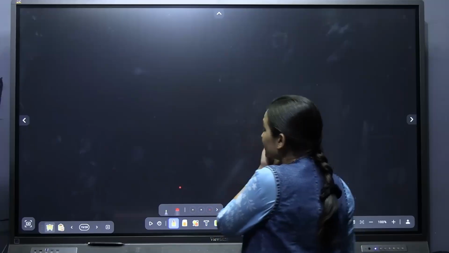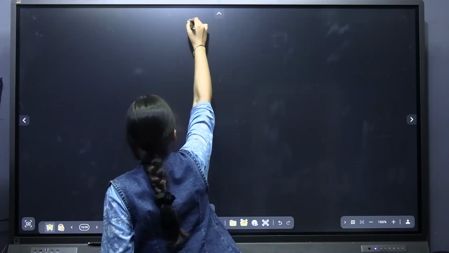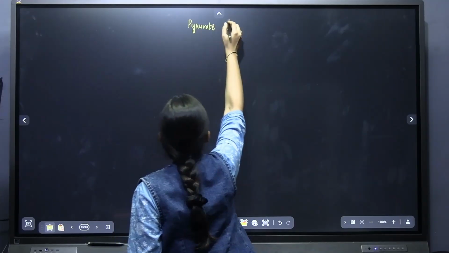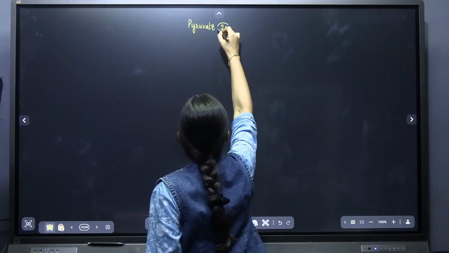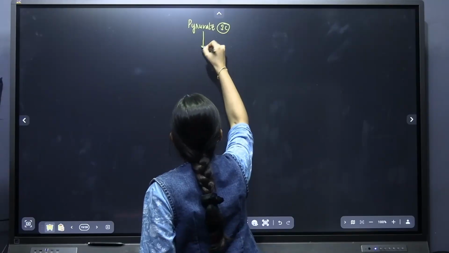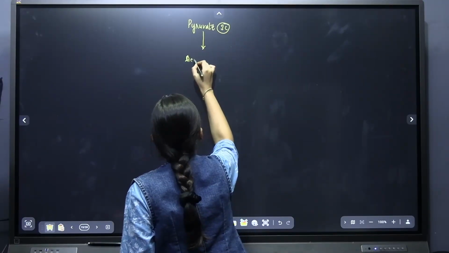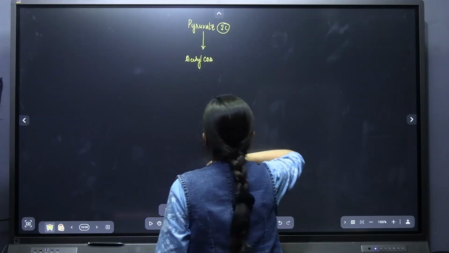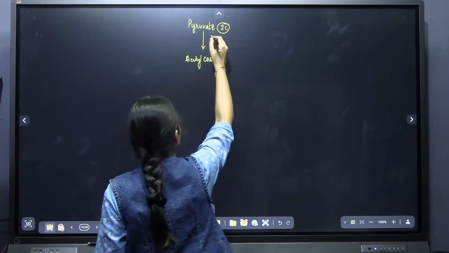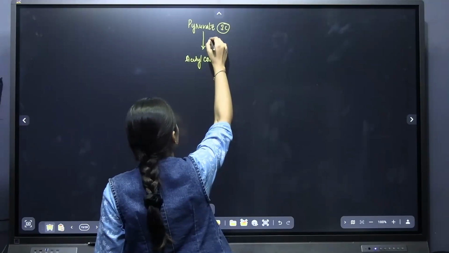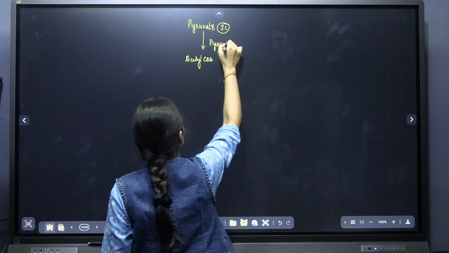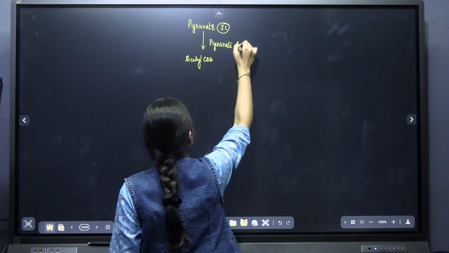Here, from the link reaction, this is pyruvate, a 3 carbon compound. It will be converted to acetyl coenzyme A. Here the enzyme used is pyruvate dehydrogenase.